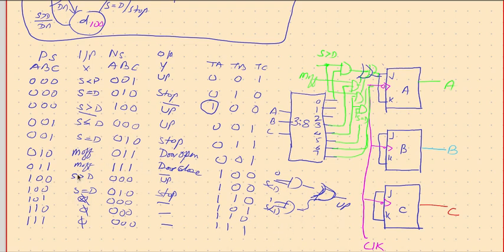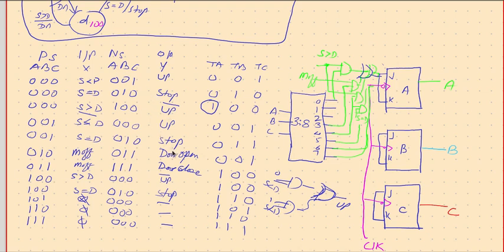Then for stop, state 0 and S equal to D will produce a stop. State 1 and S equal to D will produce a stop, and state 4 and S equal to D will produce a stop. So three cases for getting a stop output. So we get 3 AND gates, 1 OR gate.